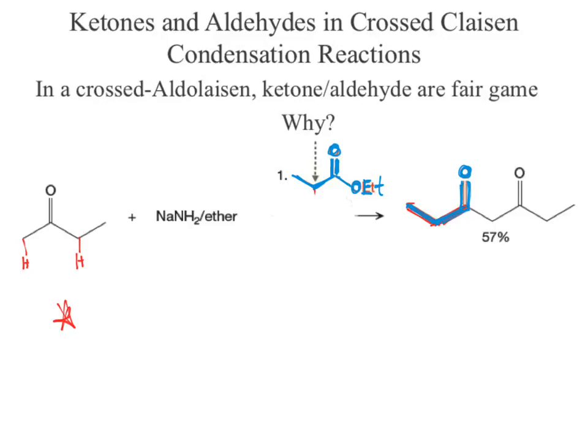Which position are we pulling it from? There's two hydrogens there, so we'll call it hydrogen A and hydrogen B. Which hydrogen are we removing? A. How do you know you're removing hydrogen A? Because we can try and identify how our structure was put together at the end. Okay, so we can cheat and use our product. What if we weren't given our product?